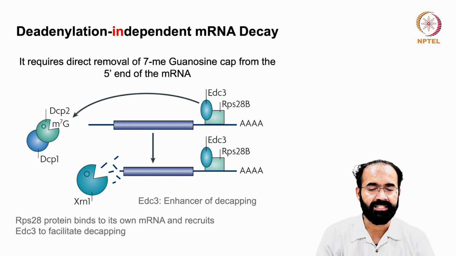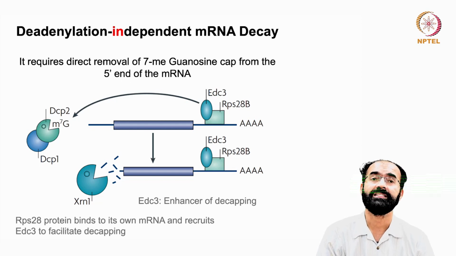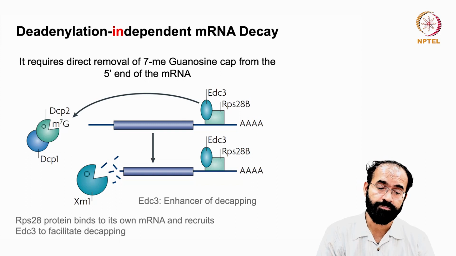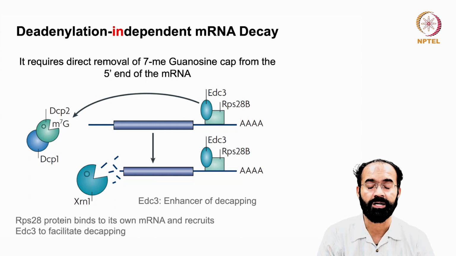If the EDC3 and RPS28B heterodimer binds onto this UTR, that can attract, just like how LSM1-7 attracted the DCP1, DCP2 complex, this molecule, and this in turn will remove the 7-methyl guanosine cap, which makes the 5' end vulnerable to XRN1 exonuclease.